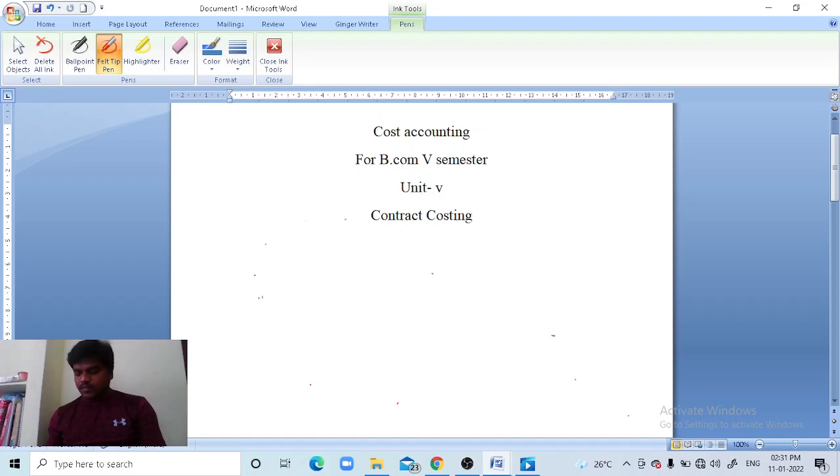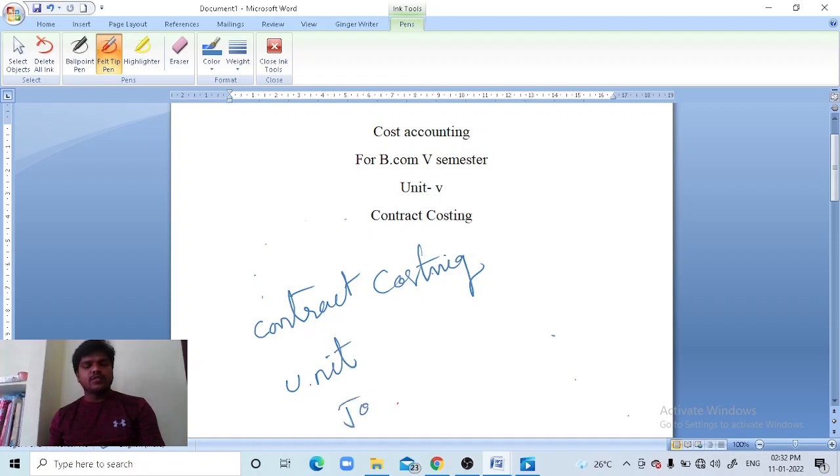Shall we do some small discussion about contract costing? What do you mean by contract costing? We know unit costing as well as job costing.